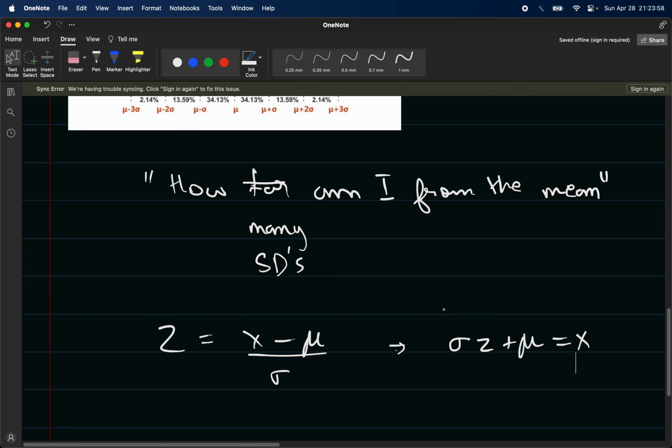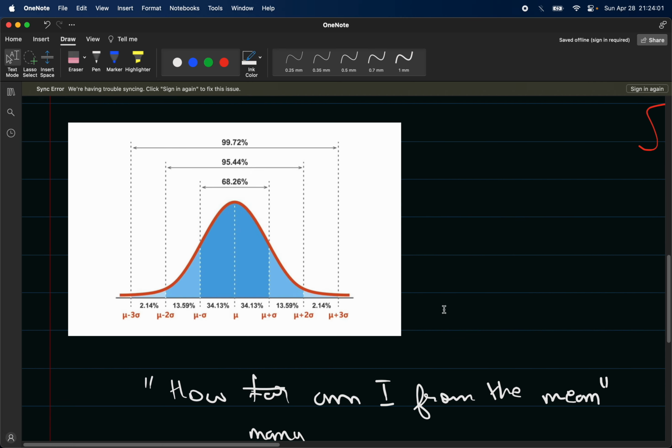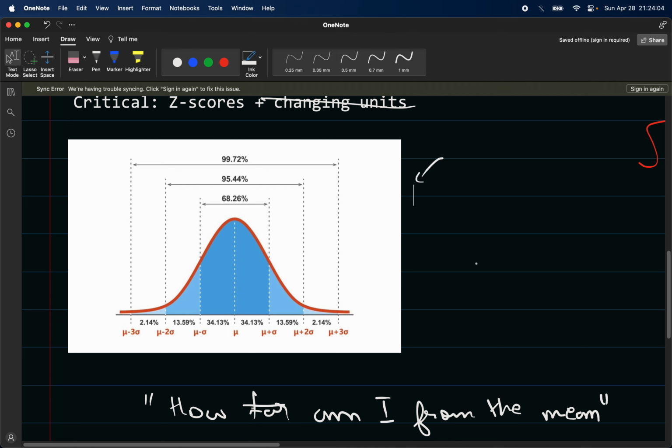So that's the z-score, and the biggest part with the z-score is this distribution. I've taken this picture from Google, and I want you to look at this distribution. This is a bell-shaped symmetrical distribution, and only in these distributions does something called the empirical rule apply, which basically tells you that within one standard deviation on either side, you will encompass 68% of the data.